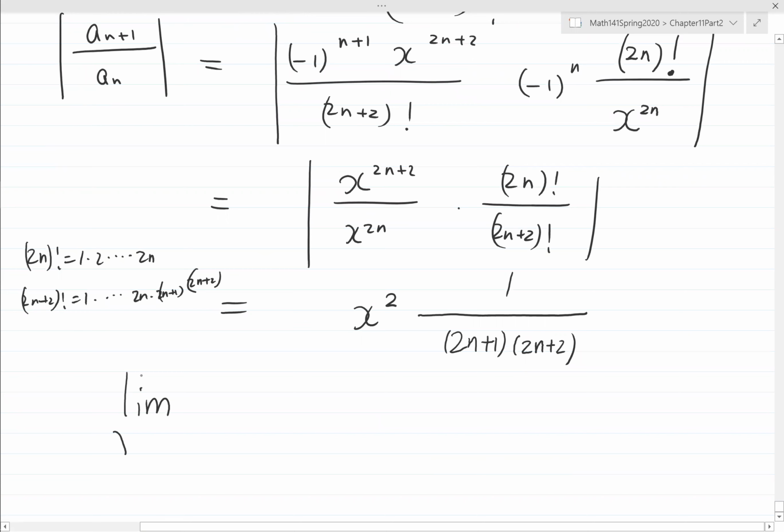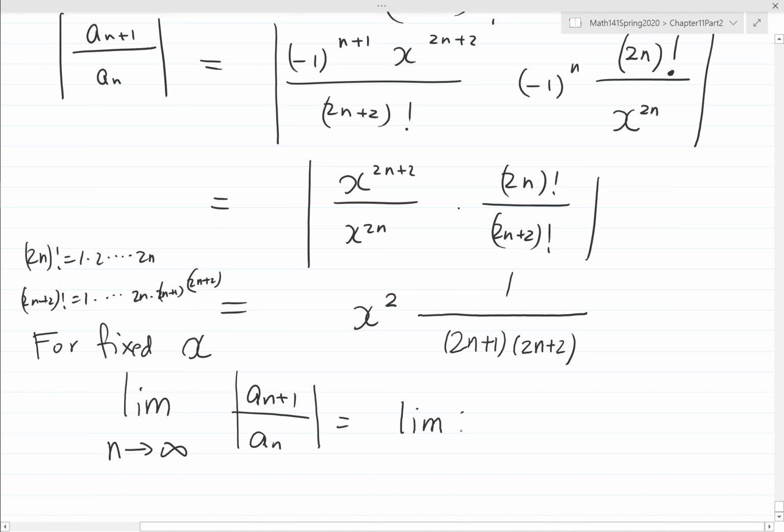Now for any fixed x, the limit as n approaches infinity of a_n plus 1 over a_n in absolute value is the limit of x squared times 1 over 2n plus 1 times 2n plus 2.